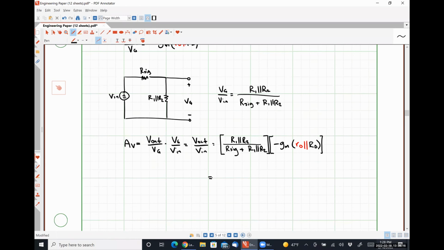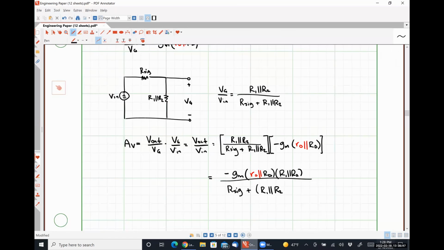So this becomes negative gm times r naught in parallel with RD, multiplied by R1 in parallel with R2, all divided by R sig plus R1 in parallel with R2.